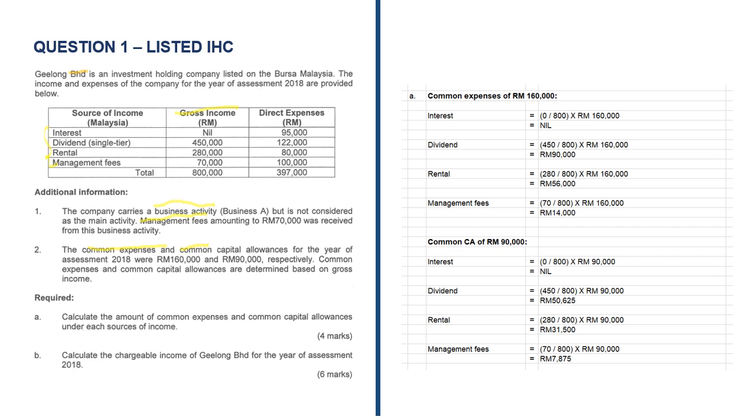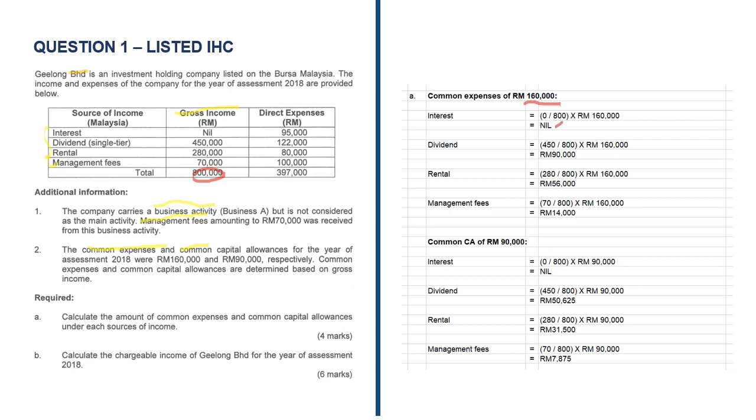Untuk interest tak ada income for this year, nil. Therefore, I letakkan 0 over total income. Total here, I ambil yang ni, 800,000. So 0 over 800,000 times with, kita ada common expenses sebanyak 160,000. So untuk interest, common expenses dia akan jadi kosong lah.